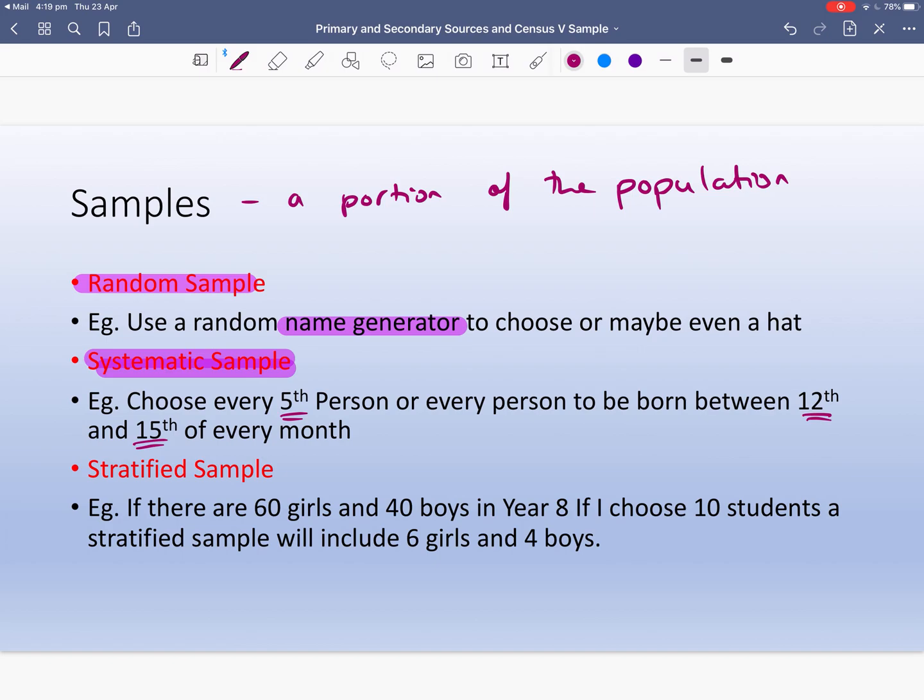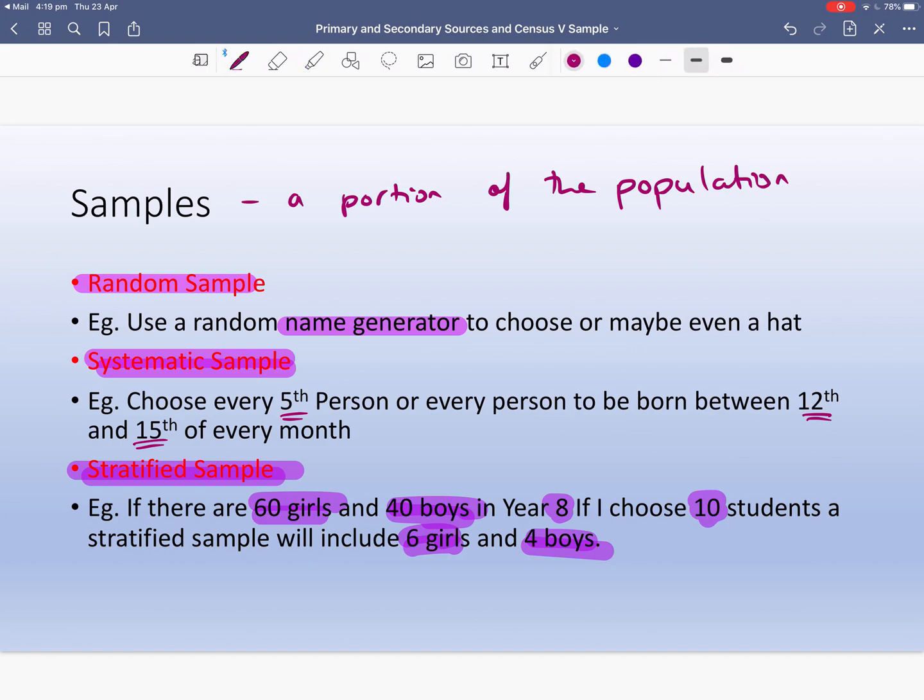So it's systematic. And the last one is stratified sample. Okay. Now, a stratified sample is like a ratio of it. So, for example, if there are 60 girls and 40 boys in year 8, and I choose 10 students, I will choose 6 girls and 4 boys. All right.